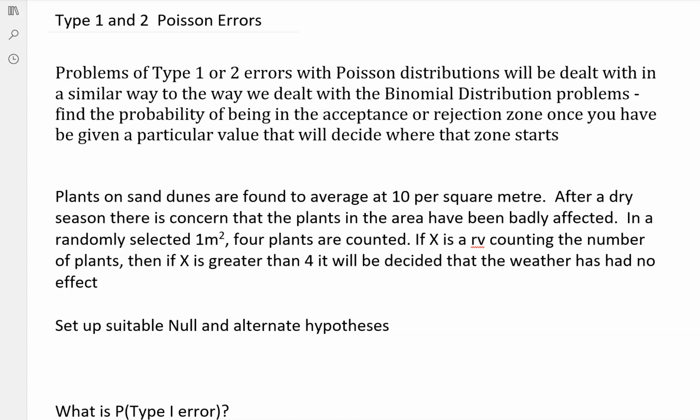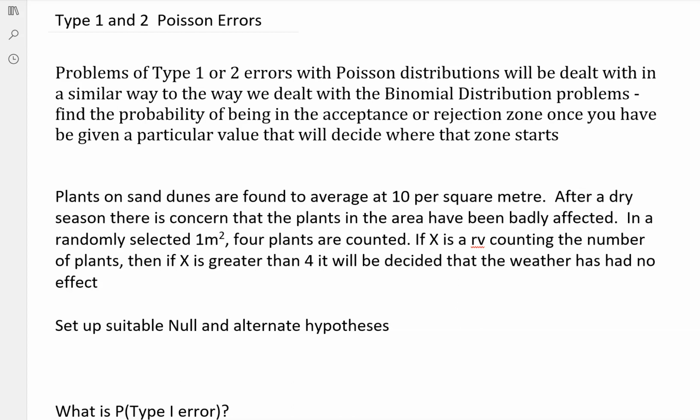And just as we did with the binomial distributions, we're going to figure out where our acceptance or rejection zones are, and what the probability of being in those particular zones is, once we've been given a particular value that decides where that acceptance or rejection zone starts.